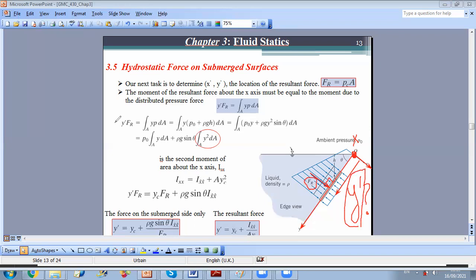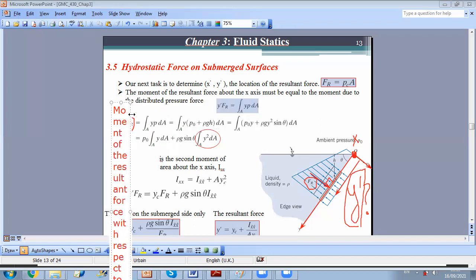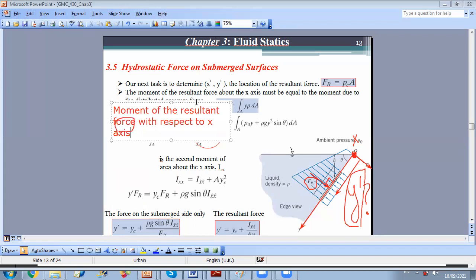Very good. So this term represents the moment of the resultant force with respect to, sorry, the x axis. Okay. Now this should be equal, from the other side, to what? This should be equal to the moment created by the distributed load.